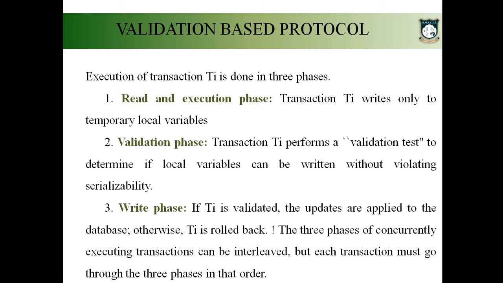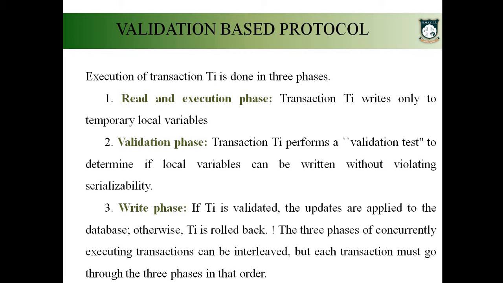Now, in read and execution phase, the transaction is allowed to read the data item and if it wants, it can also write the data item, but when it writes, it will be available only in its internal memory, in temporary local variables. The result, whatever it is writing, will be available only in temporary local variables.